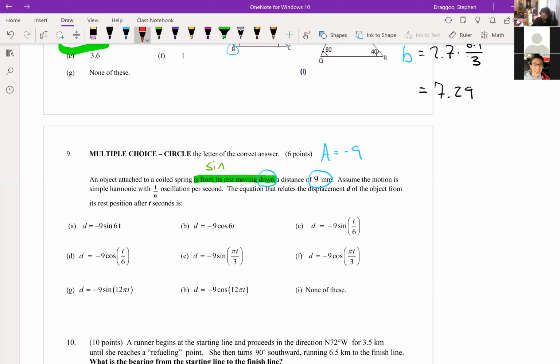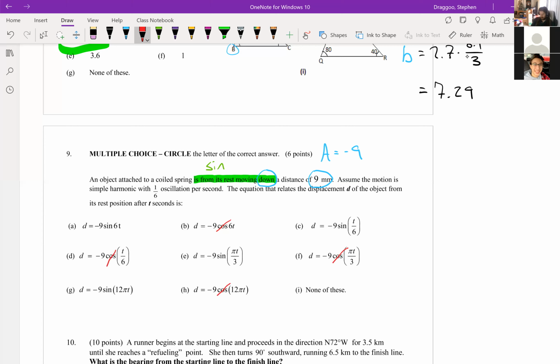So between those two things, I can get rid of a lot of stuff. Anything with cosine in it is out, because I knew it had to be a sine graph or a sine equation instead of a cosine equation.